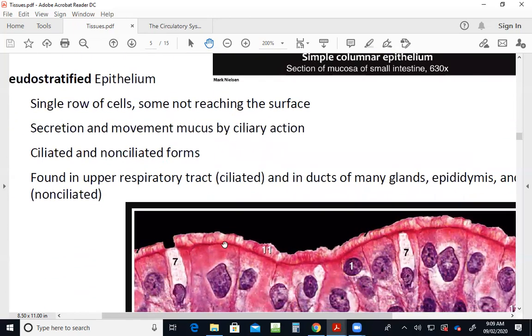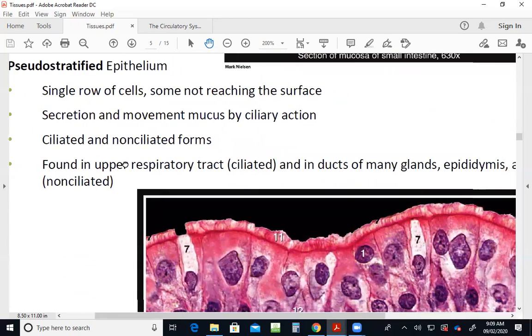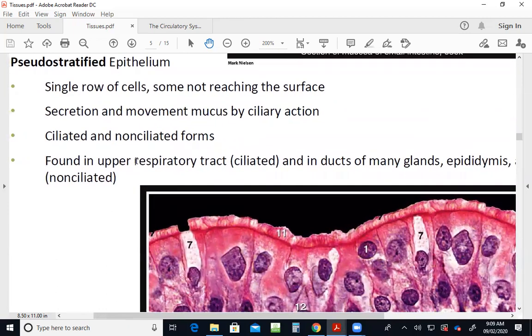We can see the cilia in this bottom picture a lot better for what we call pseudostratified. Okay, pseudo, remember, means what? False. Good. So it looks stratified, and stratified means multiple layered.